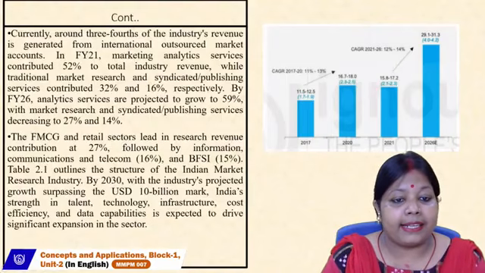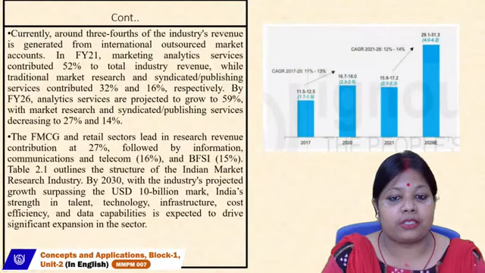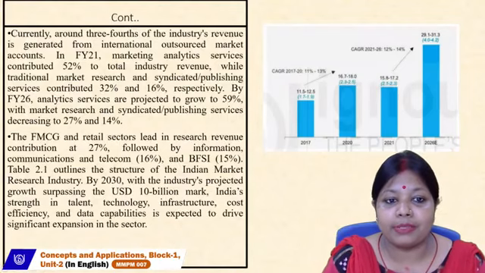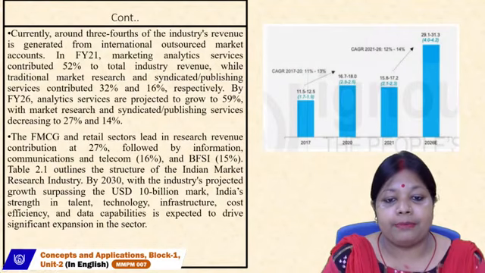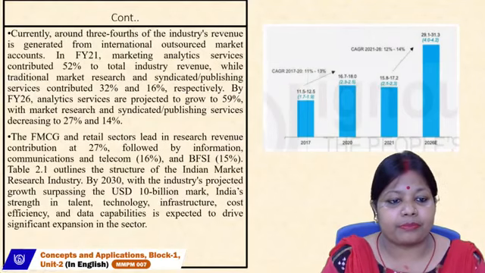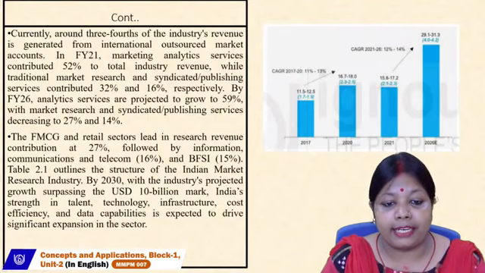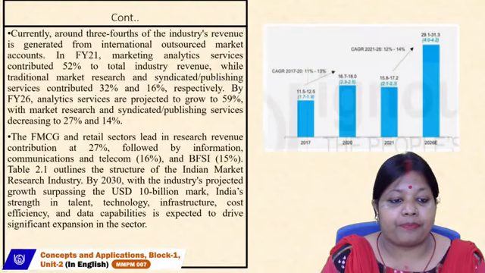The FMCG and retail sectors lead in research revenue contribution at 27%, followed by information, communications, and telecom, contributing 16%, and BFSI contributing 15%. That is given in the next table. The table outlines the structure of the Indian market research industry. By 2030, the industry's projected growth surpasses the $10 billion mark.